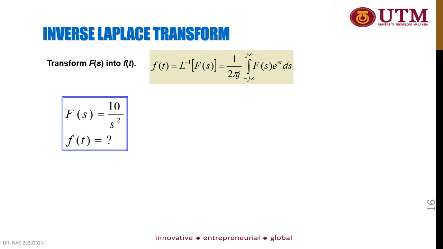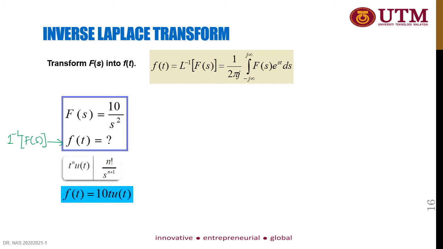Okay, so for example, you have F(s) equal to 10 divided by s squared. So what is your f(t)? To get f(t), you need to perform the inverse Laplace transform of F(s). Okay, then you get the f(t). Now refer to the Laplace transform table. If you have this function, the closest one will be this equation in the table.